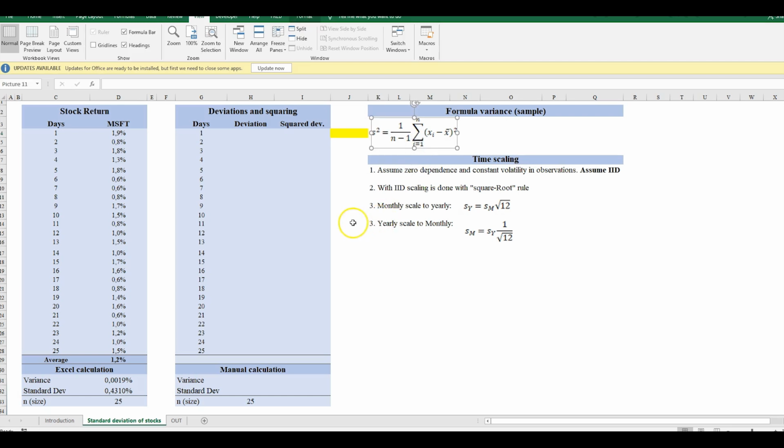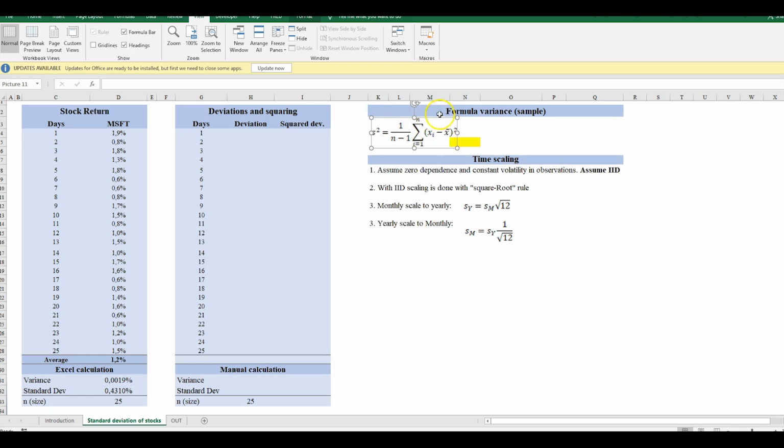We will stick to the sample for today, but please refer to other session on population versus sample variance and standard deviation. All right, not so much talk. Let's look at the formula.